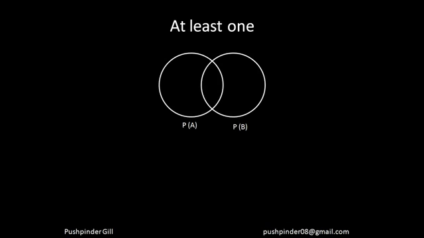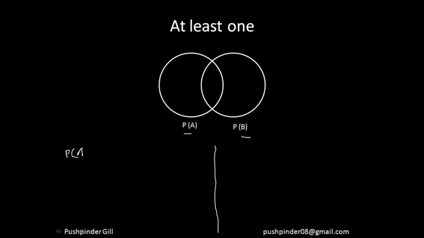Now let's move forward. Now it's again the same thing, right? What is the probability that at least one of the events is going to happen, right? So I have to calculate the probability of at least one of the events. So how do I go about and calculate that? Now I'm going to give you two tools to calculate this. Now I need to calculate the probability of either of the events happening.